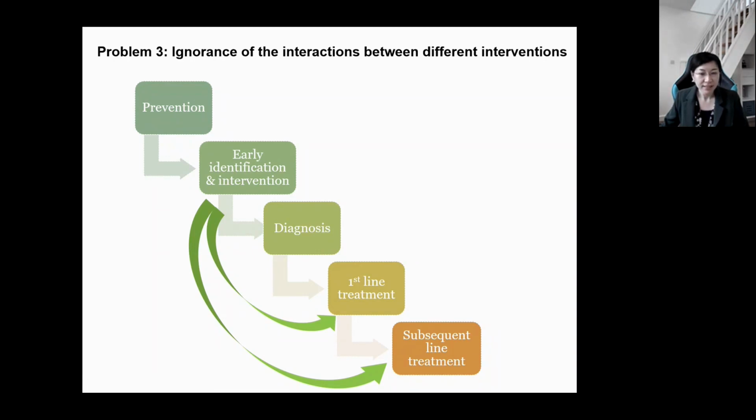That's because there is evidence showing that for those people who received early intervention service, while they're still at high-risk status, they're likely to have a better response to antipsychotic treatment when they do become psychosis.